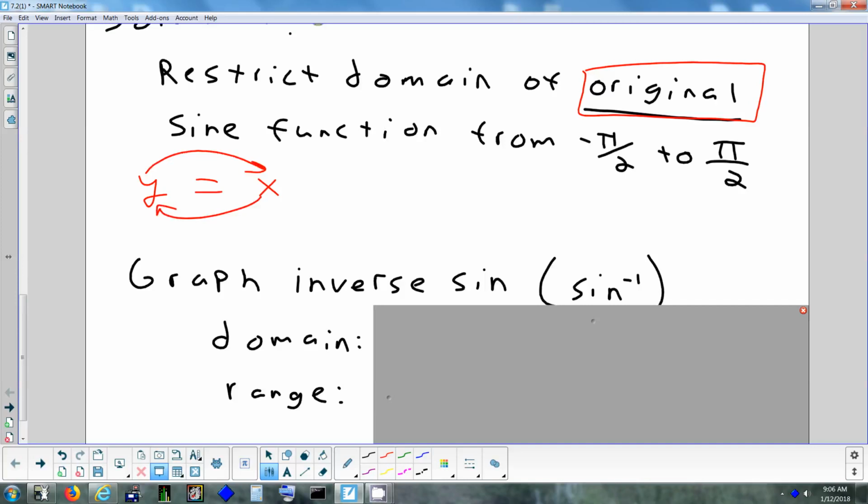So what do you think would happen with the domain and range if you compare them in the original and then the domain and range in the inverse? Anyone have a guess? Are they the opposite? Are they where they switch? They're going to switch. Okay. So let's go back and look at the range of the original.